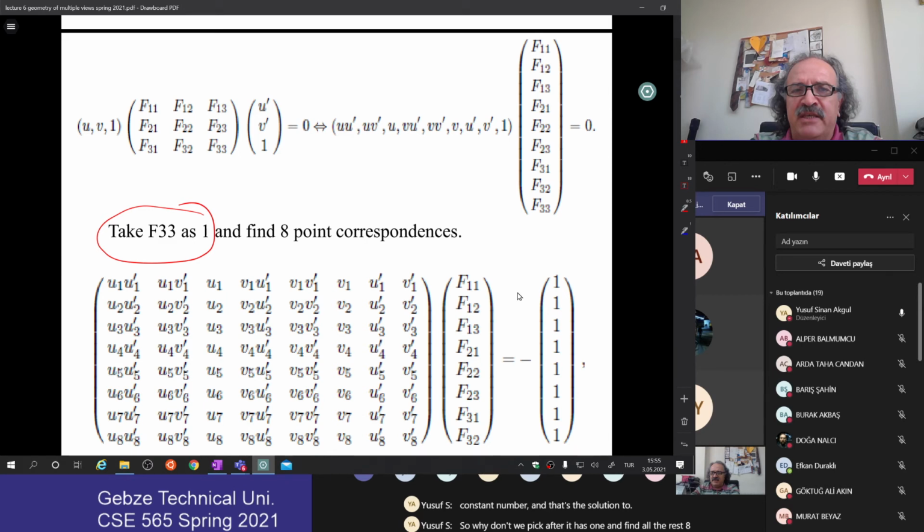So with 8-point correspondences I have this nice linear system. 8 unknowns, these are all knowns. Solve the system and you are going to get your 8 unknown fundamental matrix elements, and put a 1 in there, and so you get your fundamental matrix. Good. So this is how you get your fundamental matrix.